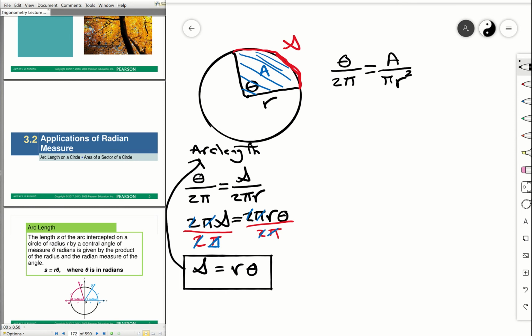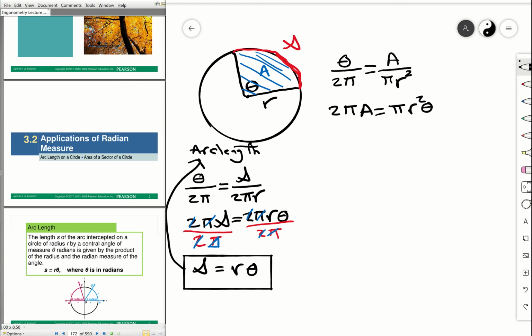Now if we go ahead and cross multiply once again, we end up with 2 pi a equals, now we're going to multiply those two, we get pi r squared theta.